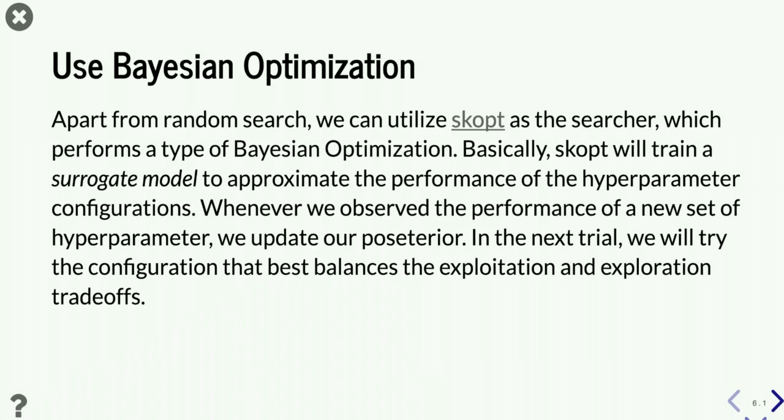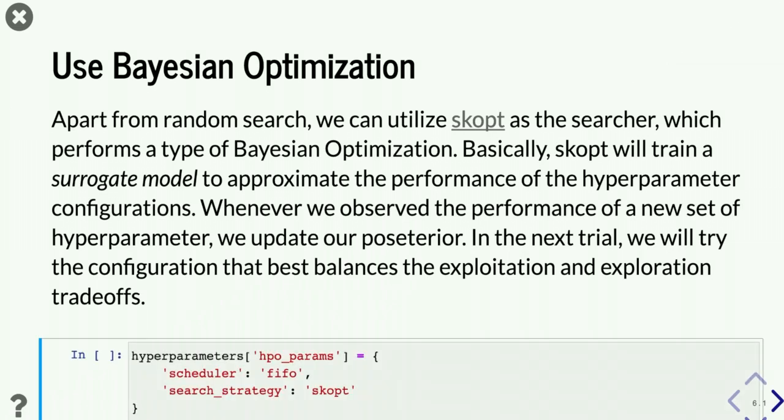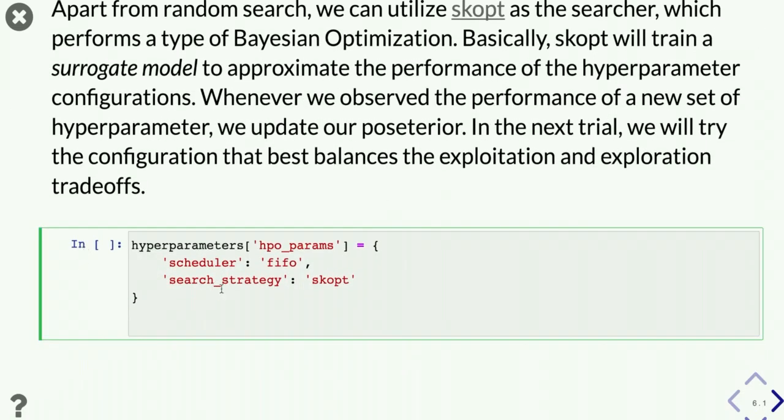Whenever we observe the performance of a new set of hyperparameters, we update our posterior about the surrogate model. And then in the next trial, we will try to see the performance of the configuration that best balances the exploitation and exploration trade-offs. So let's see how to do that in AutoGluon.